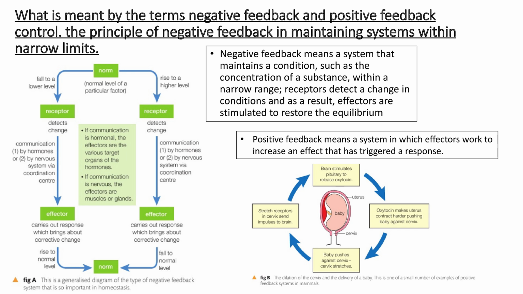As the cervix stretches, the stretch receptors located in the cervix send impulses to the brain, and then the brain stimulates the same process again, and the cycle repeats until the baby comes out. Notice that in positive feedback, in this scenario, the effect is heightened and increased, so the system is working to trigger a response.